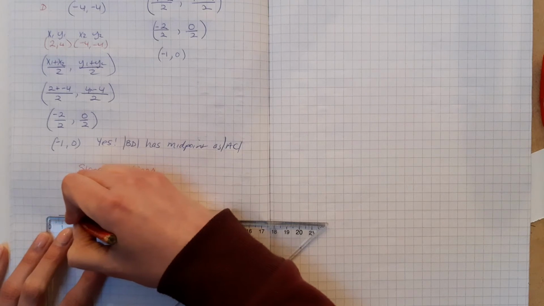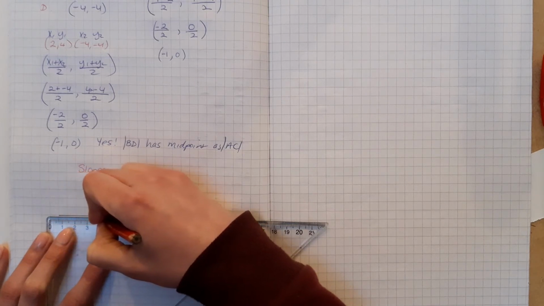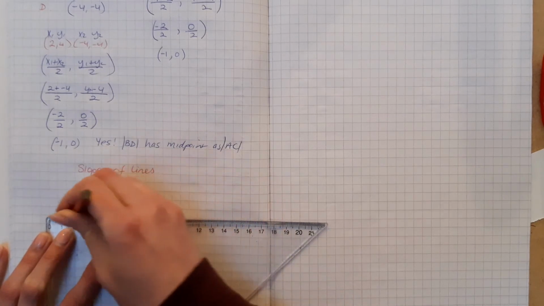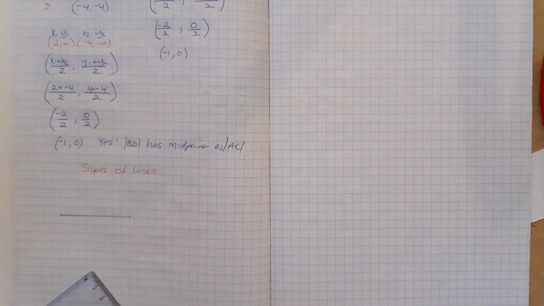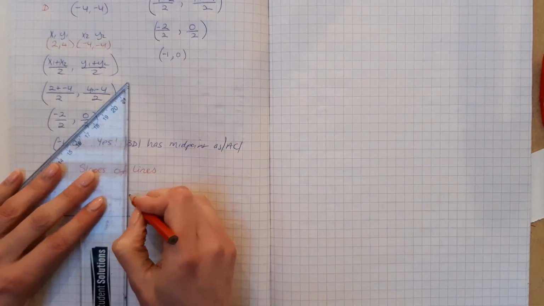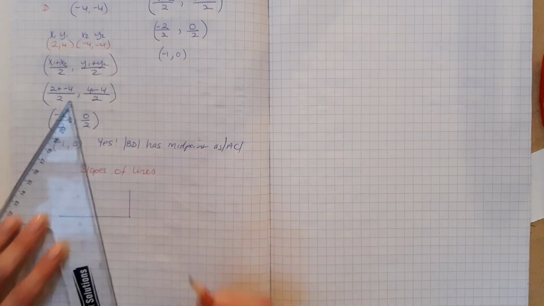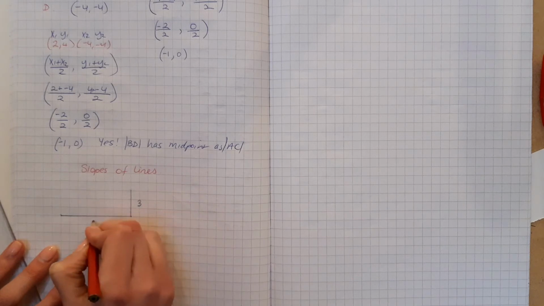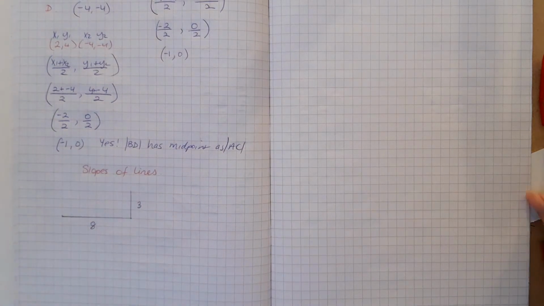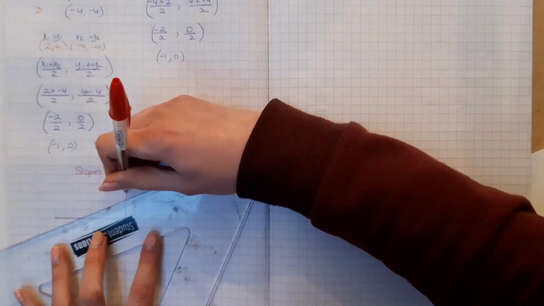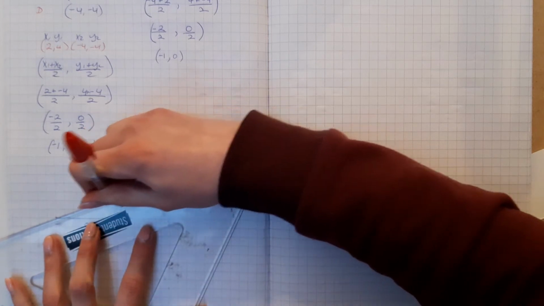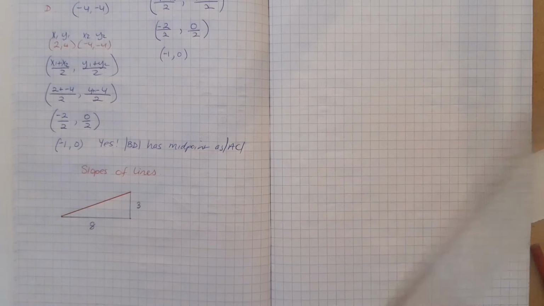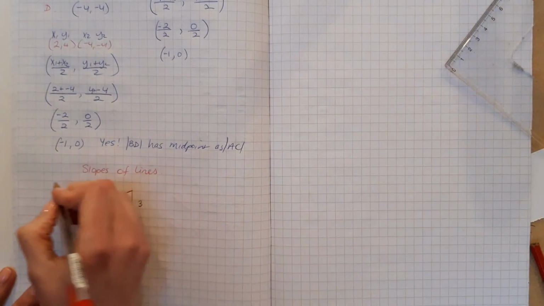So 1, 2, 3, 4, 5, 6, 7, 8. On the right hand side, we're going to measure up 3 boxes. And we're going to join the 2 points to create a kind of a triangular shape. Okay. So this is example 1.